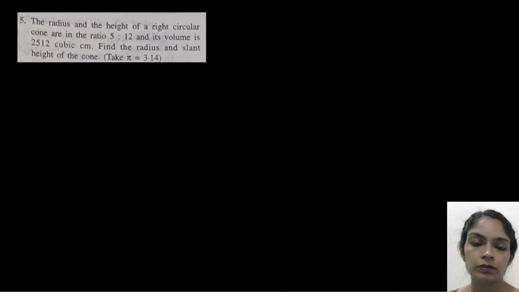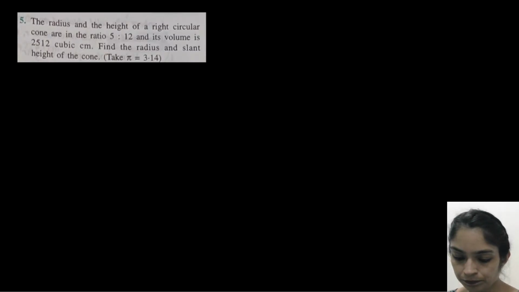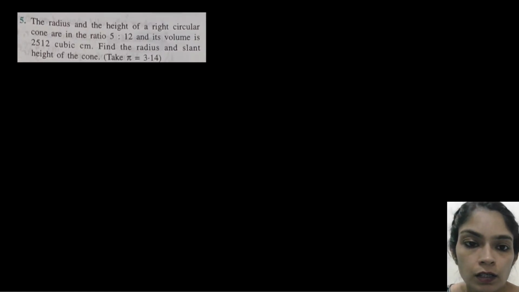Question number 5. What is given to us in question number 5? The radius and the height of a right circular cone are in the ratio. Ratio is given to us.